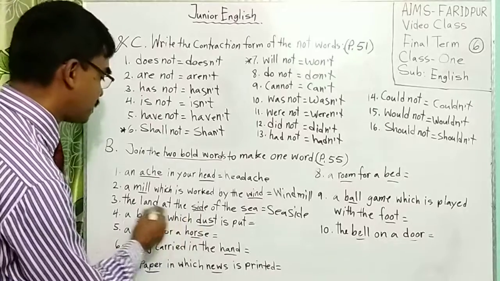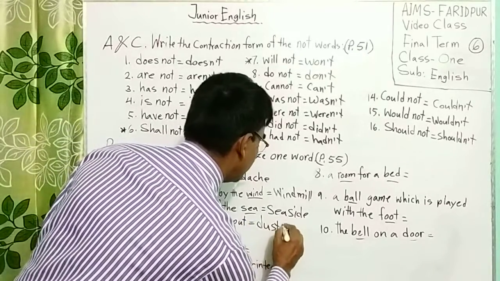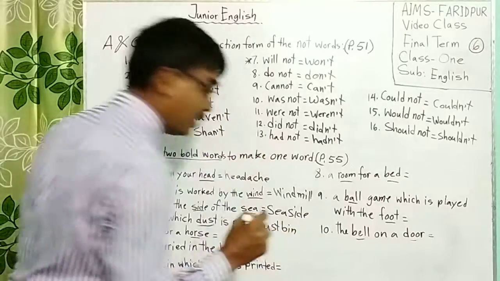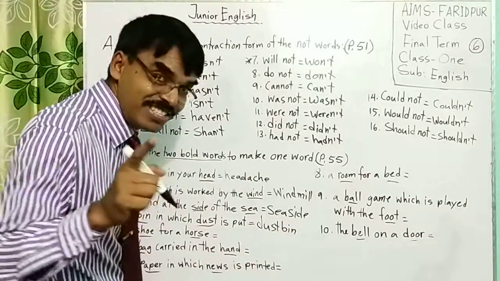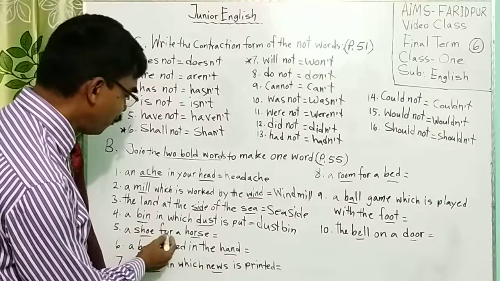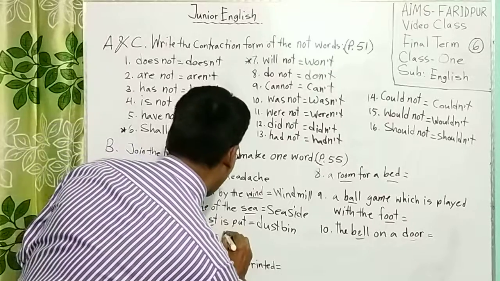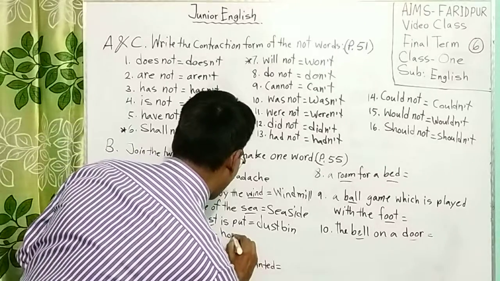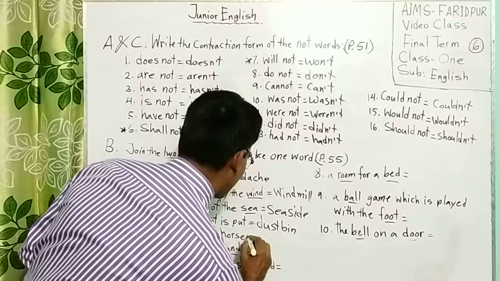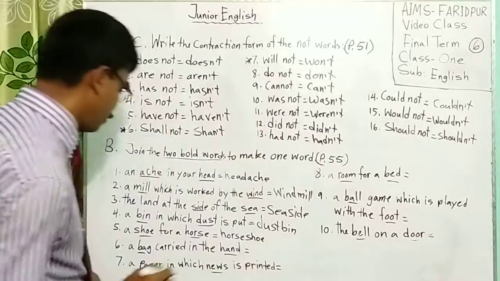Okay, then dustbin, D-U-S-T-B-I-N, dustbin. Is it not easy? Okay, so number 5, a shoe for a horse. So horseshoe, yes. H-O-R-S-E, horse, S-H-O-E, shoe, horseshoe.